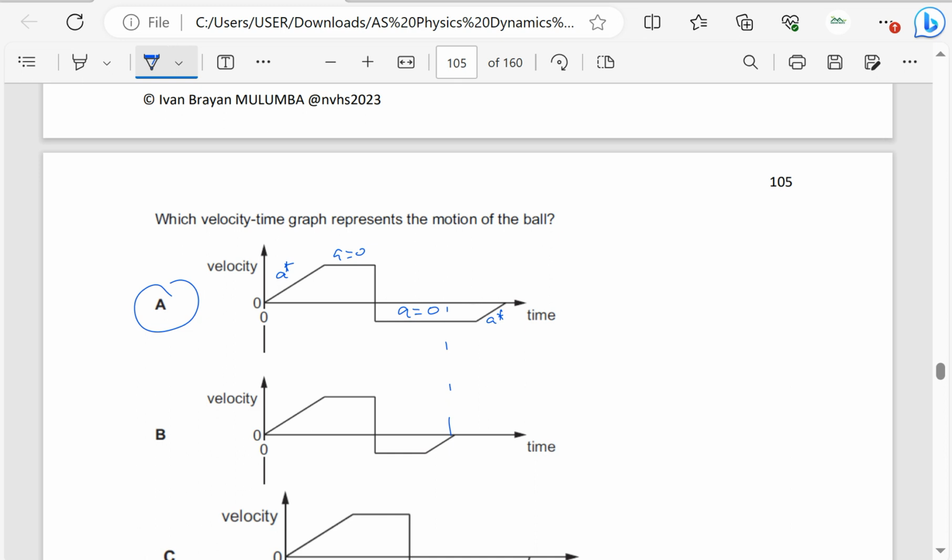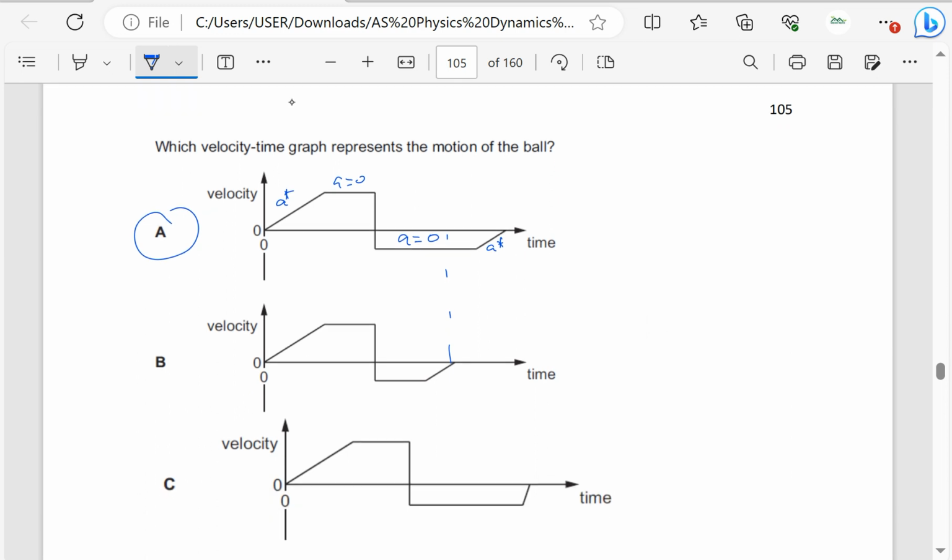So the time here, this one here, it is showing that V decreases, but it is taking a longer time. V decreases, but then takes a longer time to reach Y.